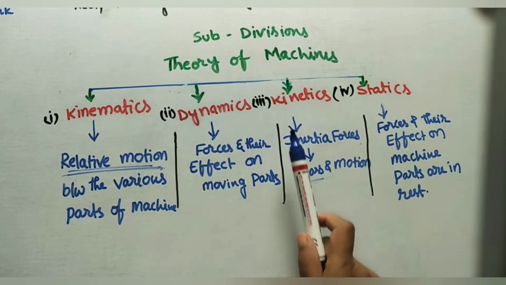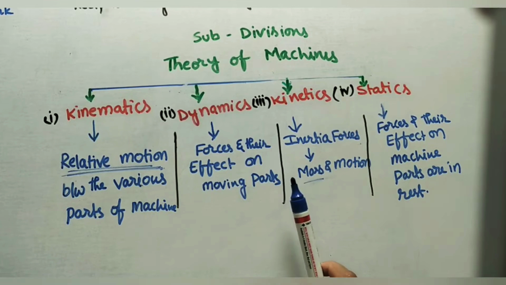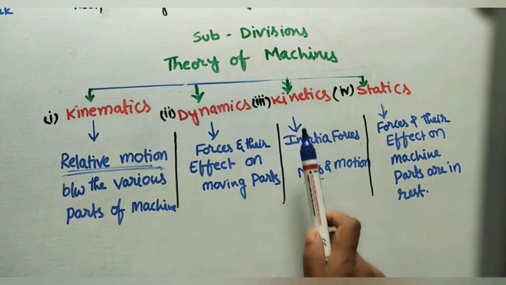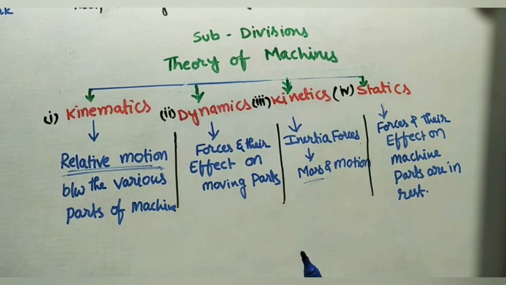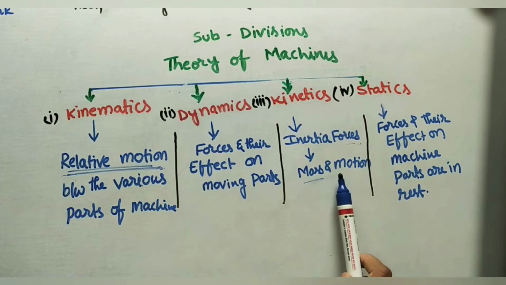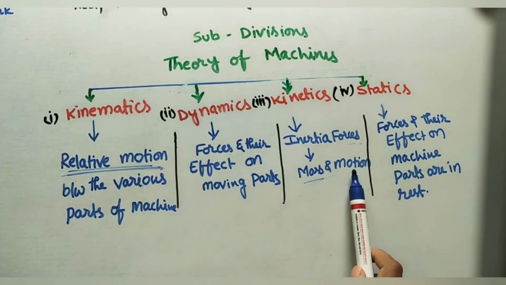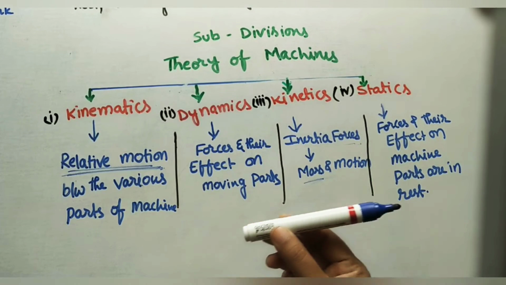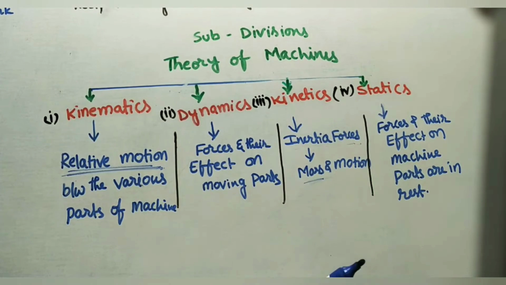Take the third one, kinetics. The definition is: it is a branch of theory of machines which deals with inertia forces. Inertia forces always occur because of the combination of mass and motion of the part of a machine. Let us assume one part of a machine is moving like this.